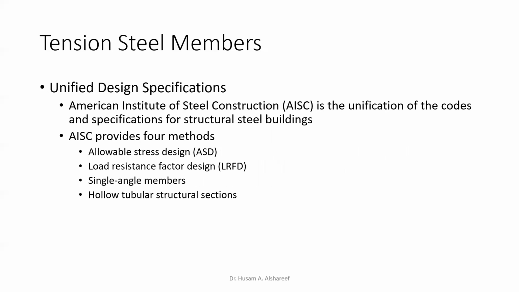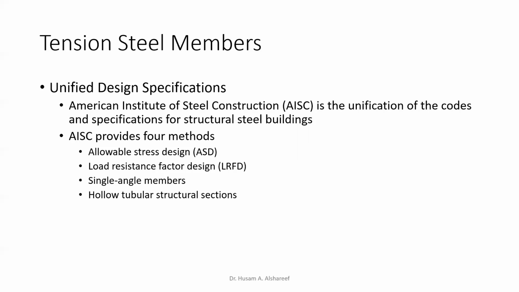Now, as far as the unified design specification, we have the American Institute of Steel Construction, AISC, and this organization unified all the codes into 4 types that we typically design steel for. The first one is allowable stress design, ASD.